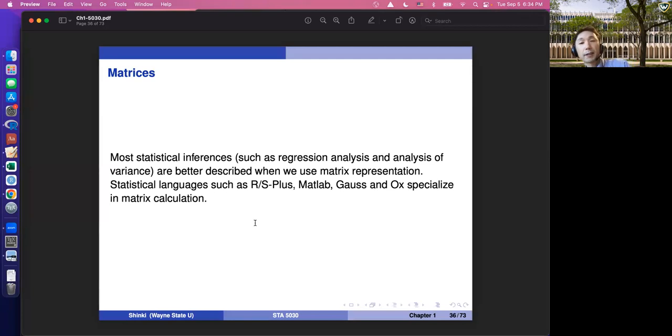S+ is the commercial version of R. Actually, S+ was developed earlier than R, and R was basically developed as a clone of S+. So basically everything is the same, maybe slightly different in terms of some available options and some of the functions, but mostly the same.